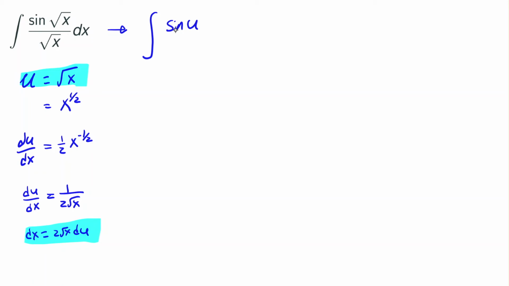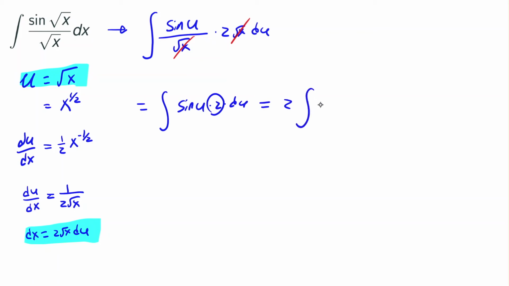Not square root of x. U is the input. Over square root of x. Dx is the same as 2 square root of x du. And we'll see that these cancel out. So what we have left is sine u times 2 du. We can take this constant outside. So we have 2 integral sine u du.